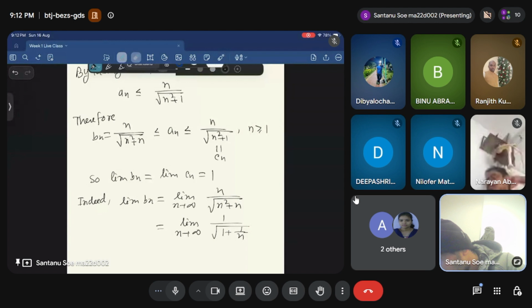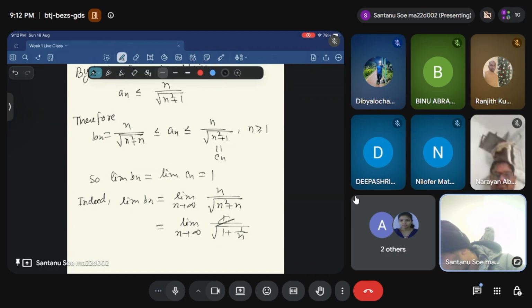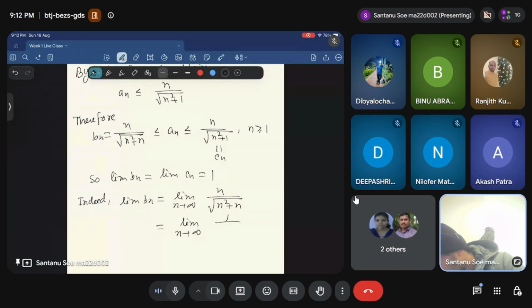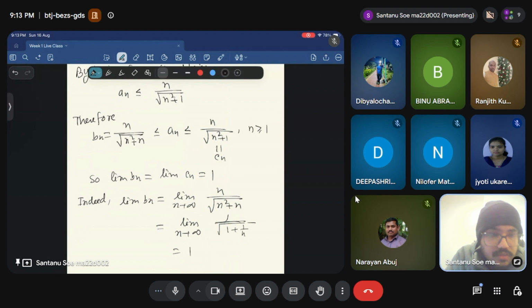Is it okay? So this will be 1 divided by square root of 1 plus 1 by n, not 1 by n square.